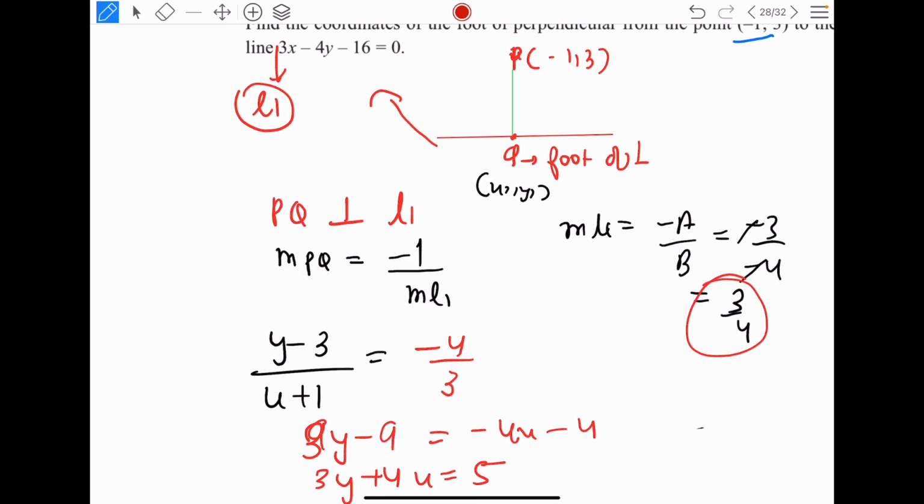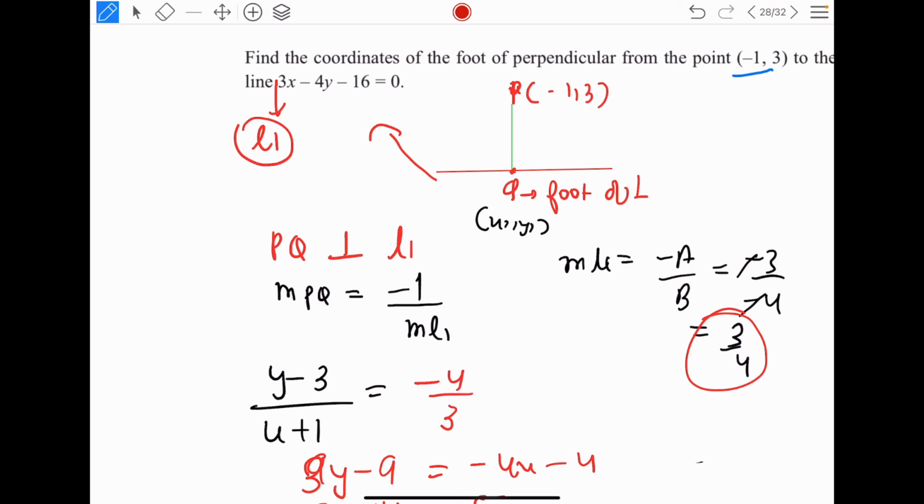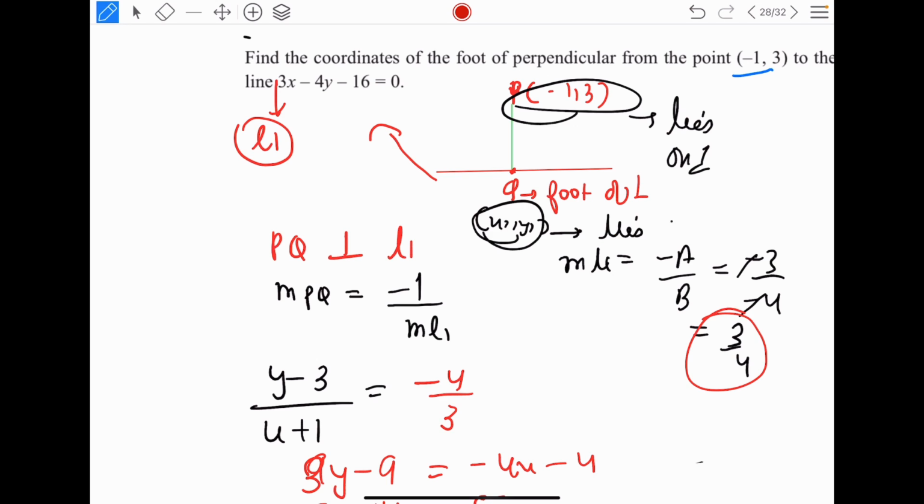Now you have this point P, and this point P lies on the perpendicular. And this point (x1, y1), which is your foot of the perpendicular, lies on your line.